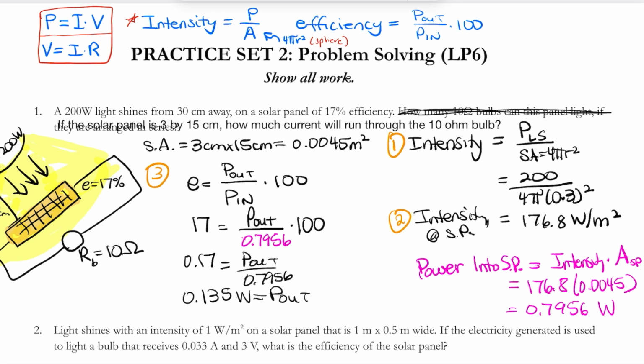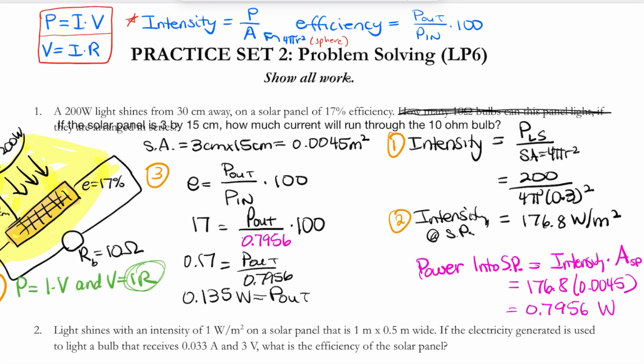Now we can use this to help us find the current. Let me use a different color so it's easier to find, because I'm going to have to do a little squishing here. We know that power is I times V, and we know that V equals IR.